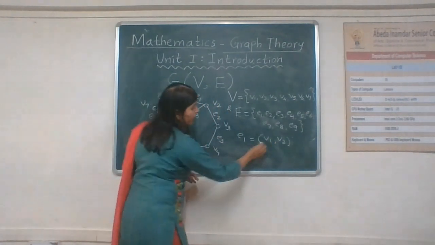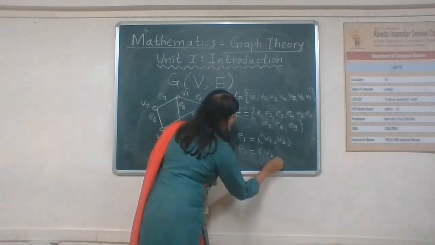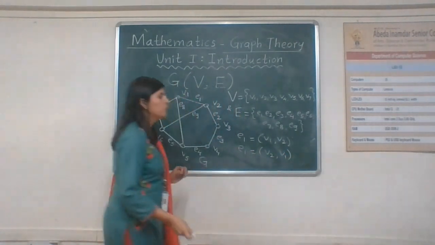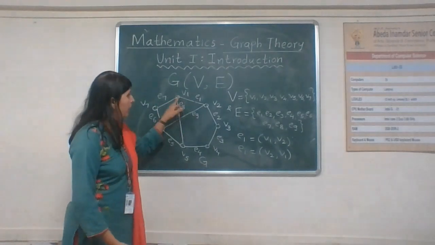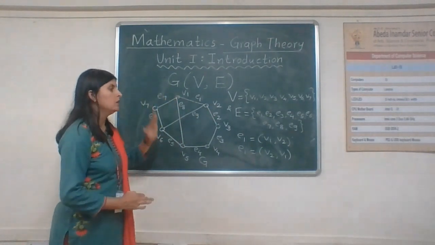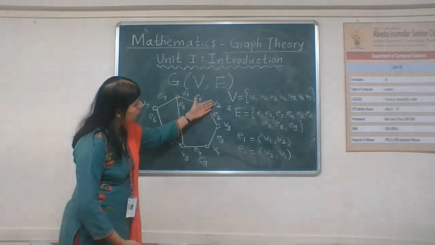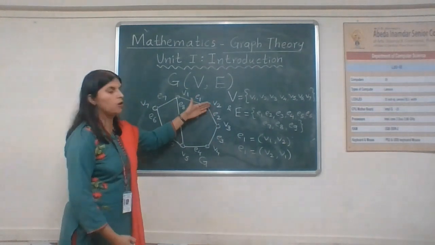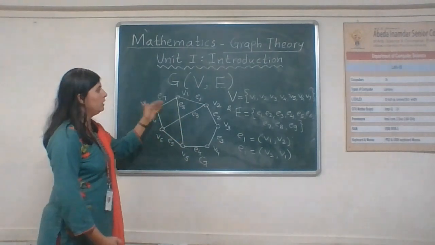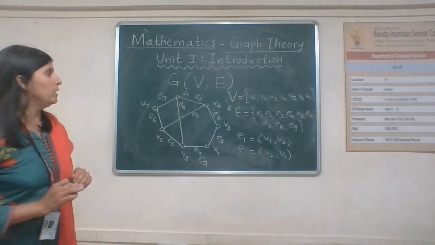Instead of writing V1, V2, if I write V2, V1, that is also correct because there is no direction from V1 towards V2 or V2 towards V1. In the same way I can write E2 as either V2, V3 or V3, V2. So every edge is associated with one or two end vertices.